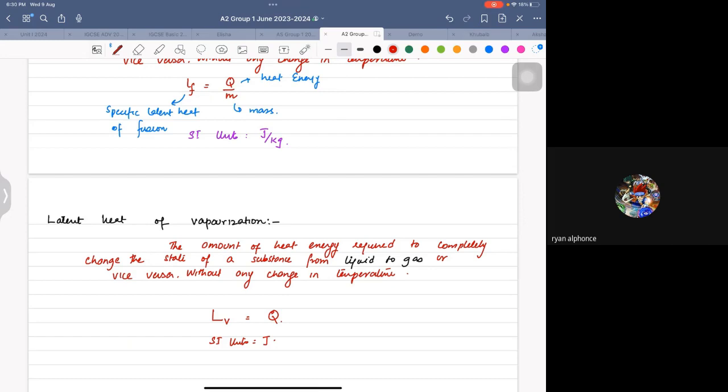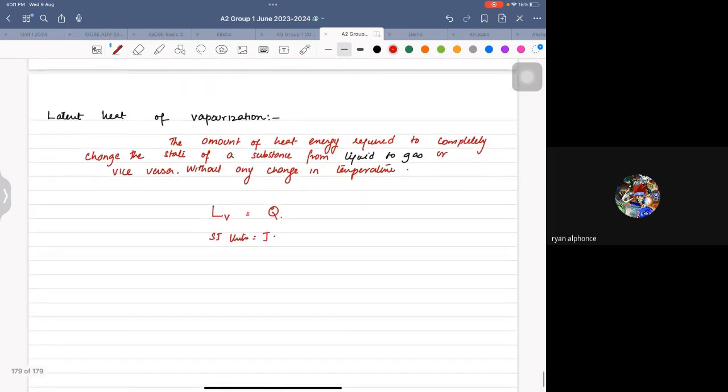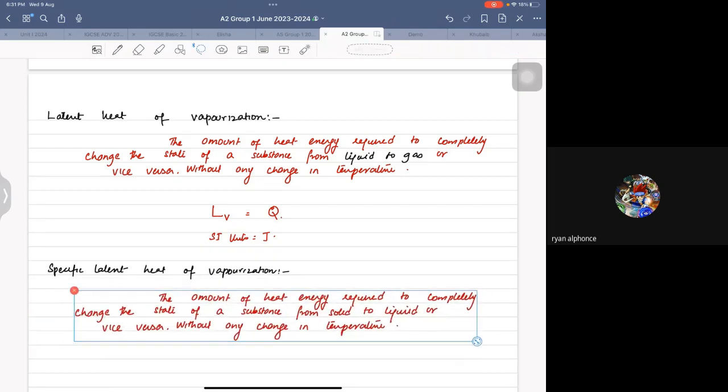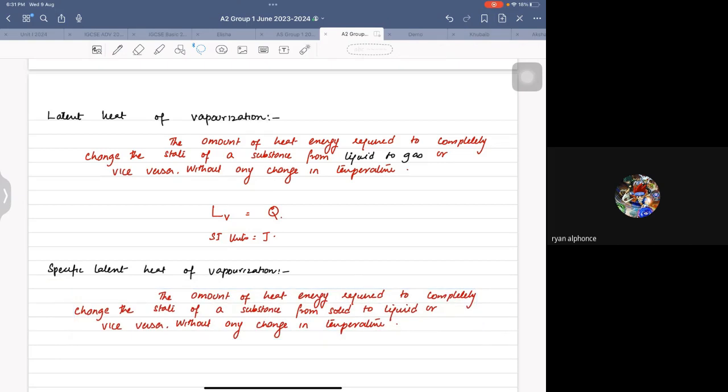I hope you guys get it. Right. Then comes specific latent heat of vaporization. In this definition, everything is the same except for two things.